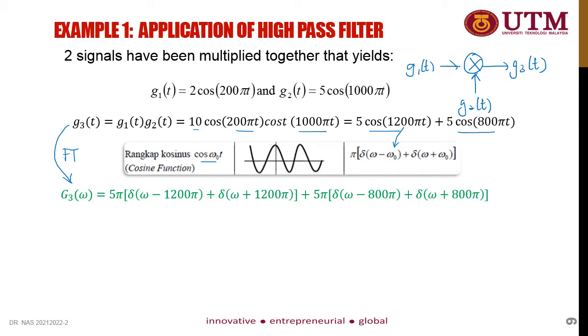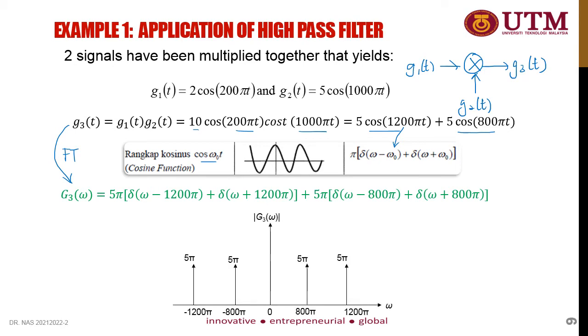So you have both components in positive and negative frequency for different frequencies. In this case, you have 1200 pi and 800 pi frequencies. So in terms of spectrum, you notice that you have negative 1200 pi and positive 1200 pi, and the amplitude is 5 pi. And the next one you have 800 pi and negative 800 pi, and the amplitude is 5 pi as well. So this is the spectrum of the output signal.